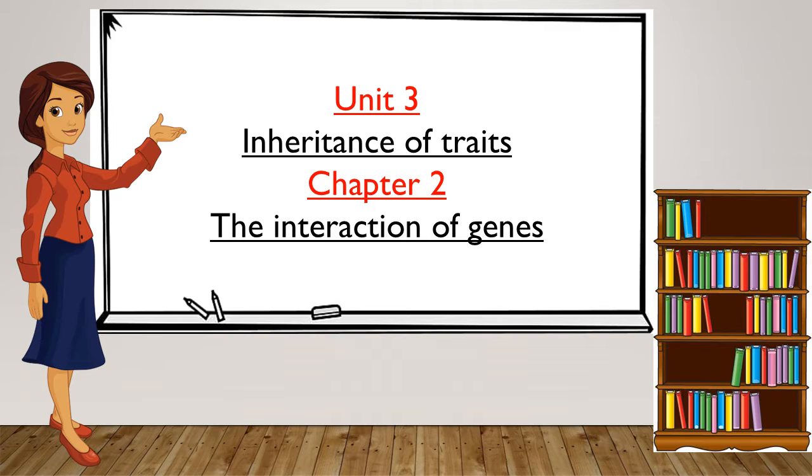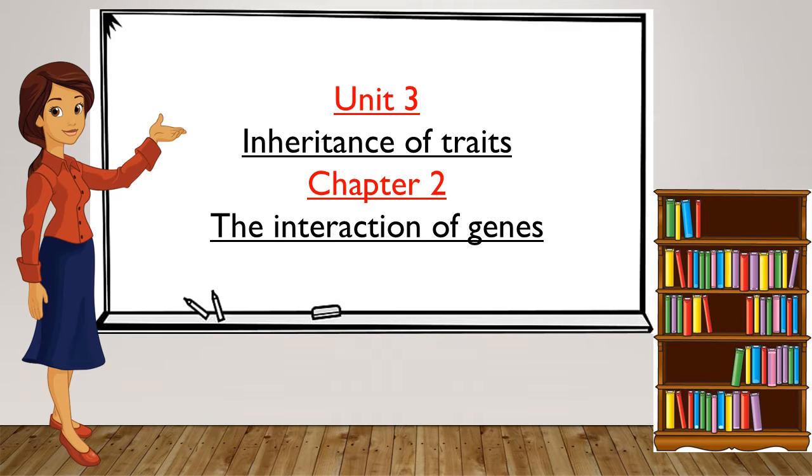We said that the blood group trait is controlled by 3 types of genes: gene A, gene B, and gene O. But each one of us has only 2 of these genes.